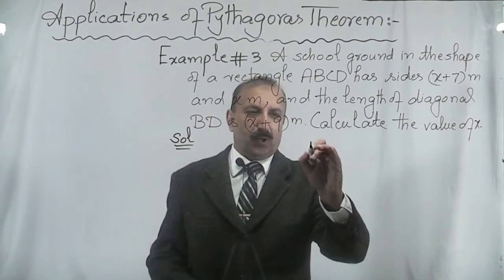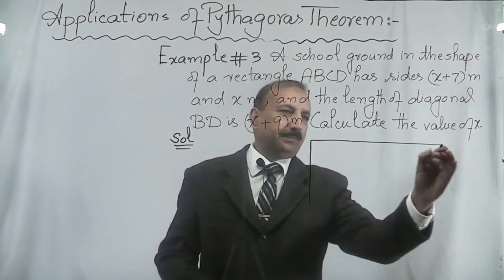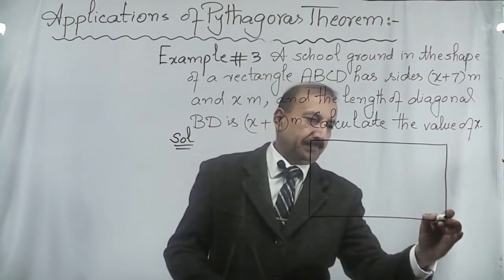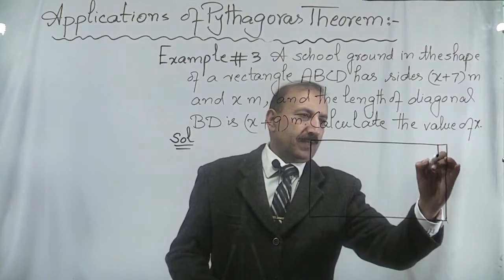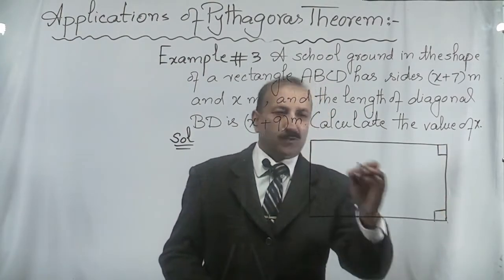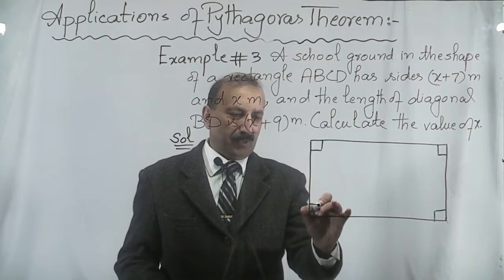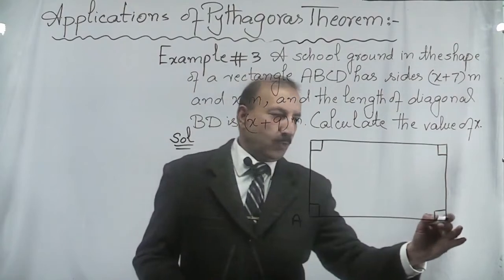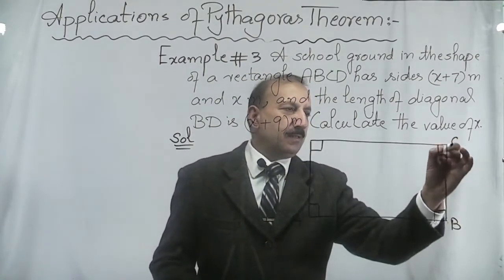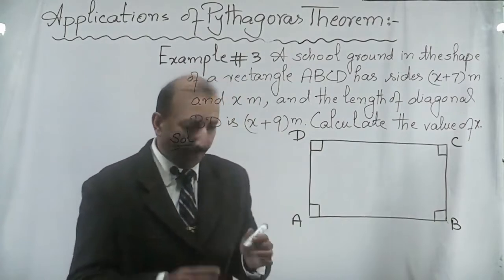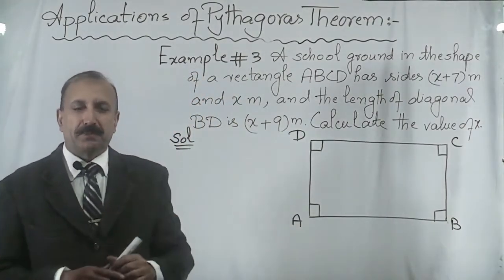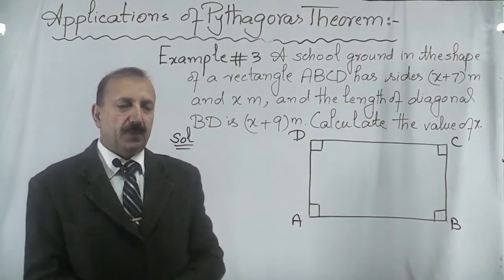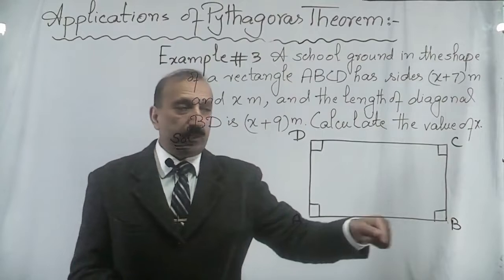Let's draw first of all the school ground. Here is a school ground. This is a rectangular shaped picture, and let's start labeling these 4 corners A, B, C and D. My dear students, one key point, whenever you are supposed to label any picture, you are supposed to label according to the order.